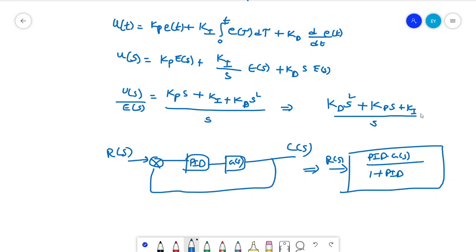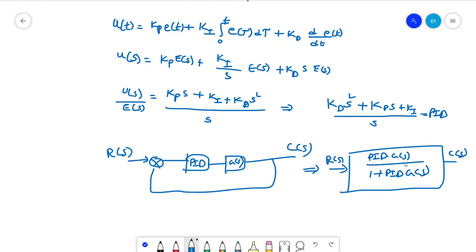PID is nothing but this expression. Substitute that and you get the transfer function. So on the whole, it is an open loop transfer function. What we are doing is converting closed loop to open loop by taking the PID inside it.